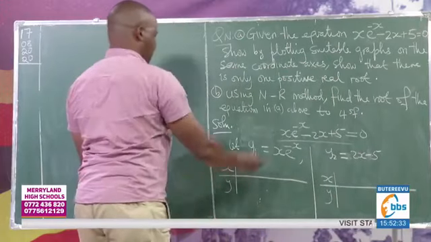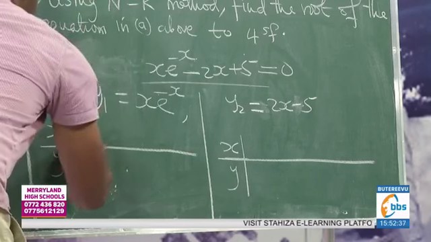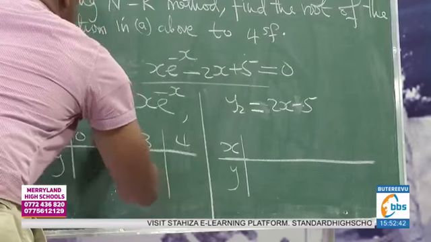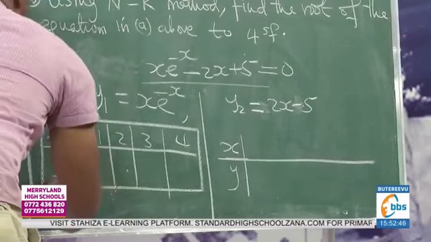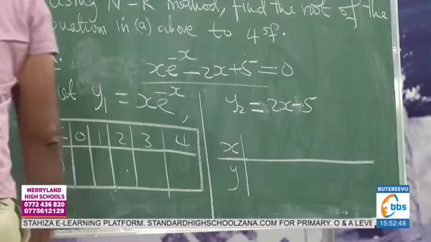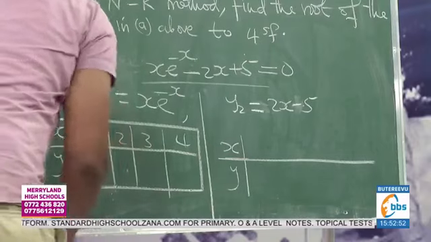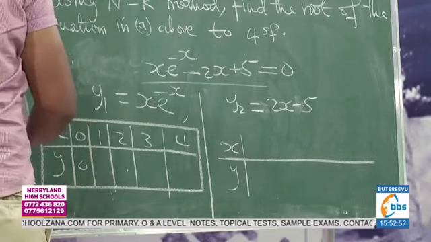Very fast, if I choose to use values ranging from 0 up to 4, for the first case, you feed them in and get their corresponding y values. If we put in 0, this will be 0. If we put in 1, we shall get e to the negative 1, and that is 1 over e.